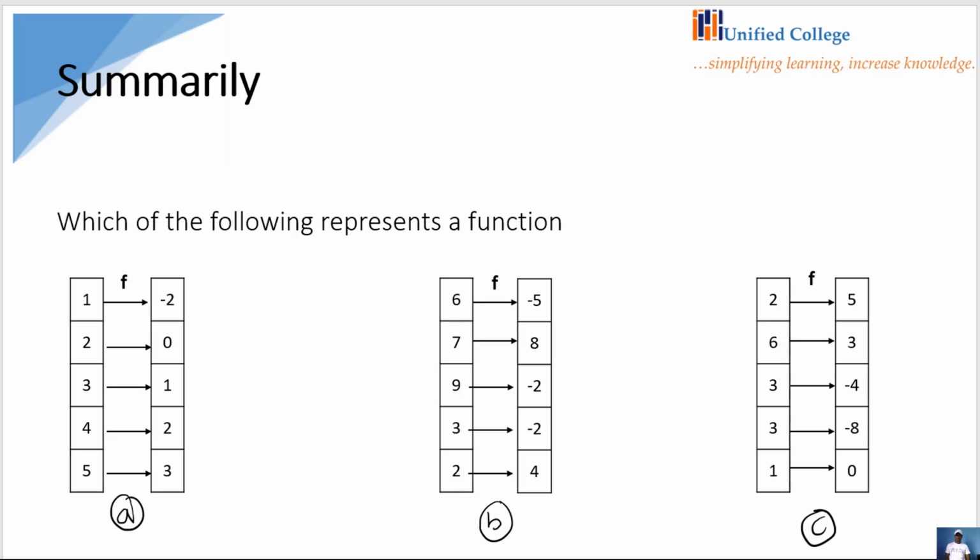As you can see here, this is our input of X values, while this is our output or Y value. Now you have your F representing whether it's a function or not a function.